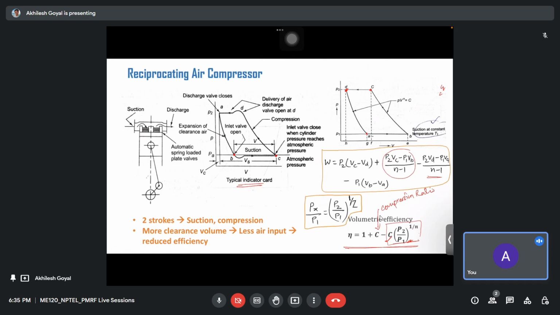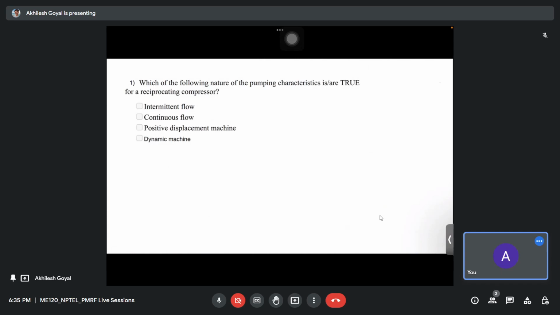Okay, so let's move to the questions. The first is a previous year question from the NPTEL course on applied thermodynamics. The question is: which of the following nature of the pumping characteristic is or are true for a reciprocating compressor?